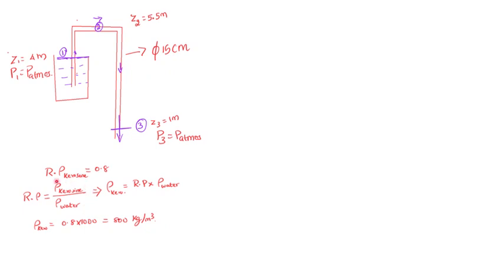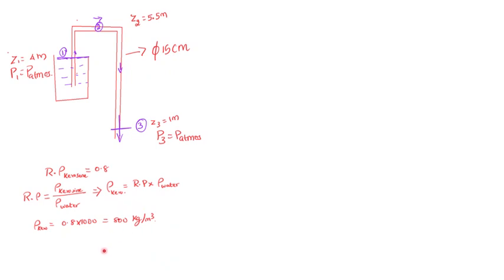But here we need the density of the fluid. So density of fluid is relative density times the density of water. So 0.8 times 1,000 is 800 kilograms per meter cube.